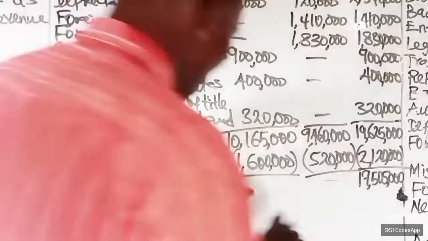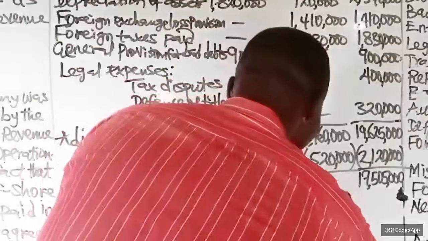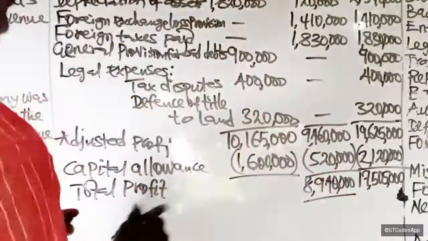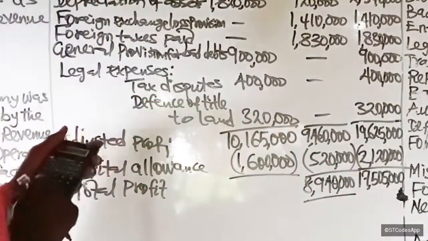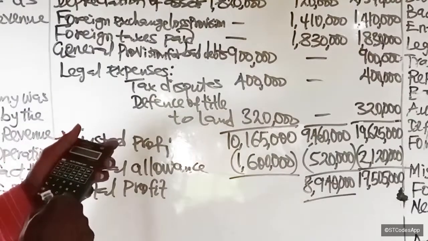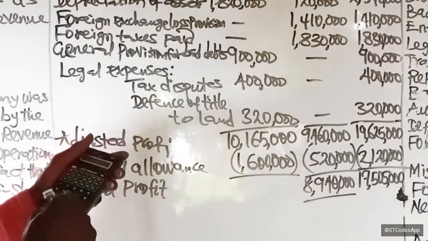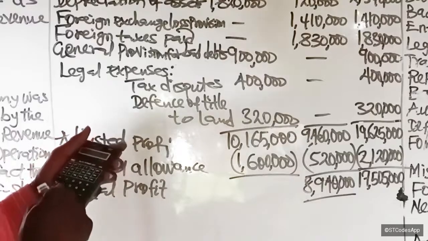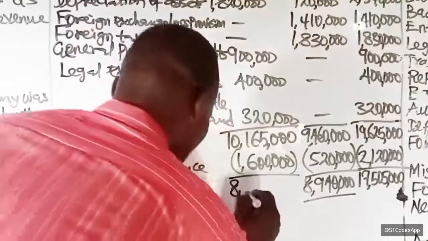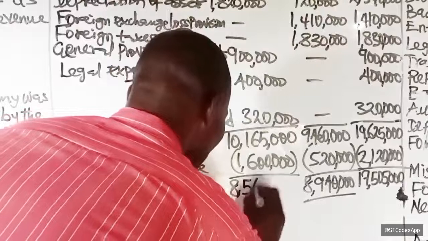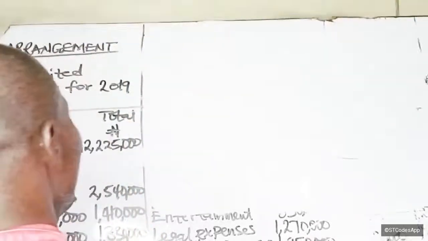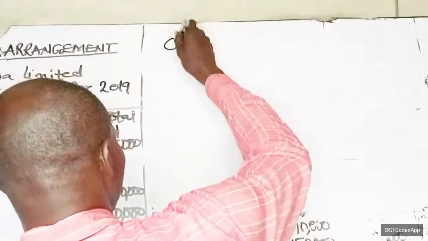So we have 8,940,000. For Nigeria, 10,165,000 minus 1.6 million. So we have 8,565,000. Now let's compute the Commonwealth rate.